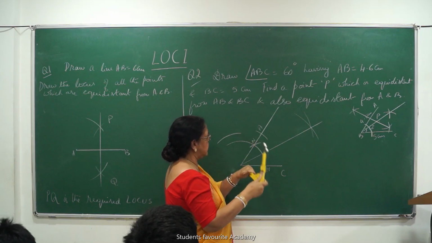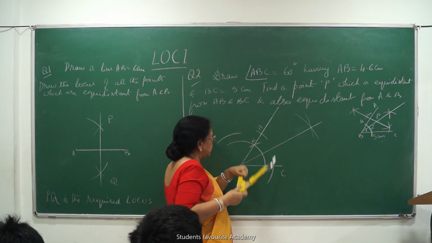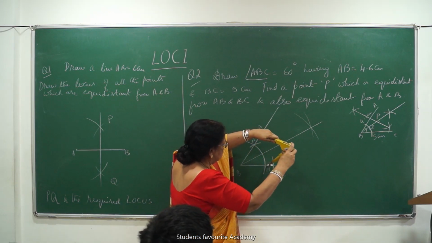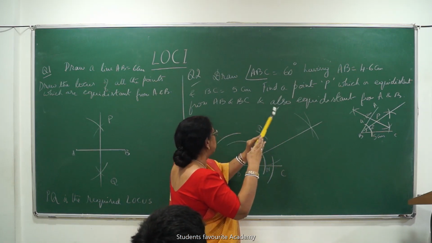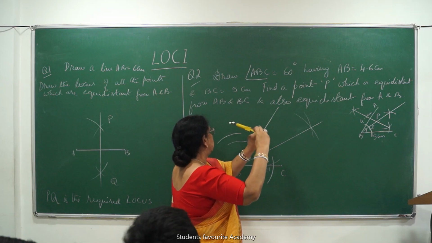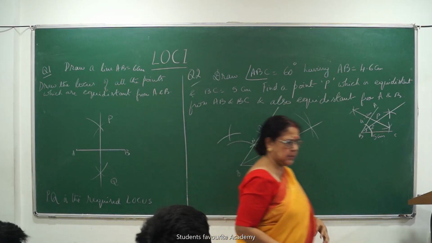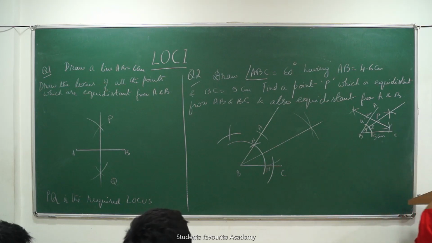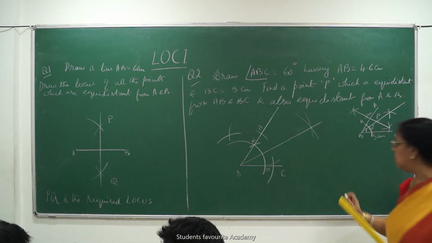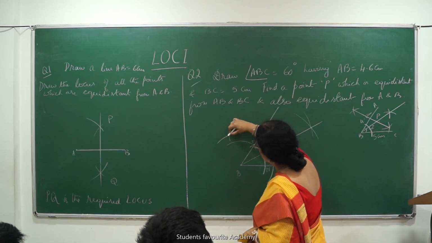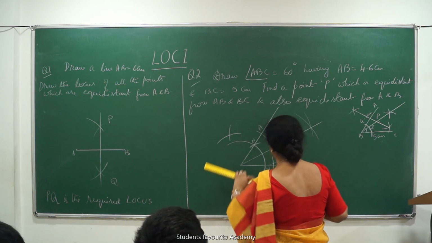So one arc on this side, one on this side, then with the same radius, one here, one on the other side. Now these 2 points we will join and produce both sides.